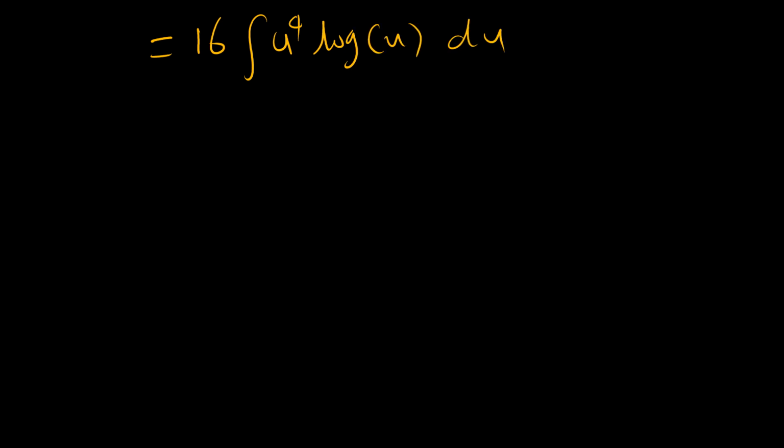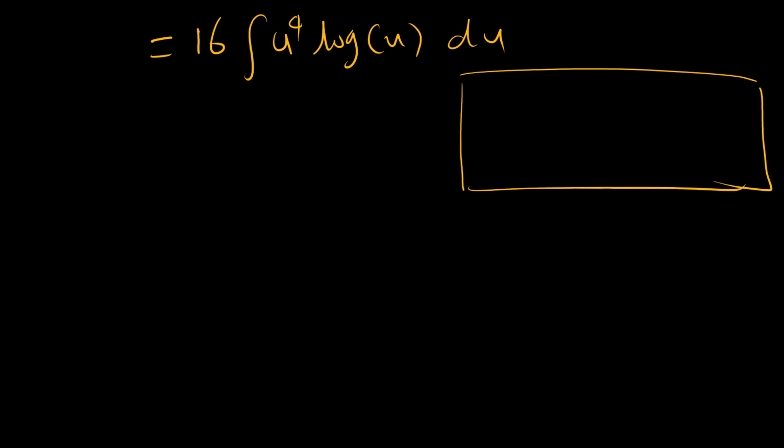Next thing we're going to do is use integration by parts, and I'm using this rectangle here to circle an important expression. If you have an integral of a function that consists of a product of one function U and the derivative of another function v, that's the same as Uv minus the integral of v, the original function, times the derivative dU. So this is an important part.